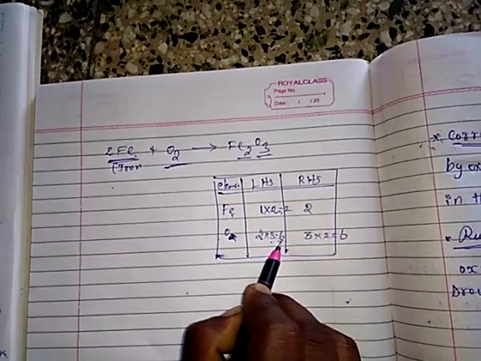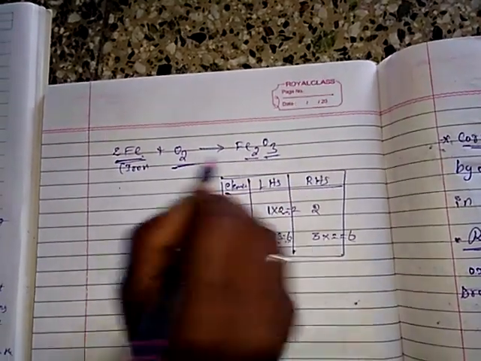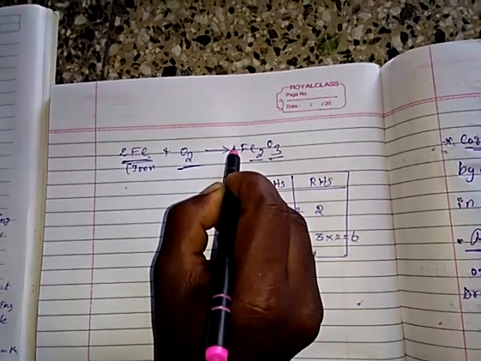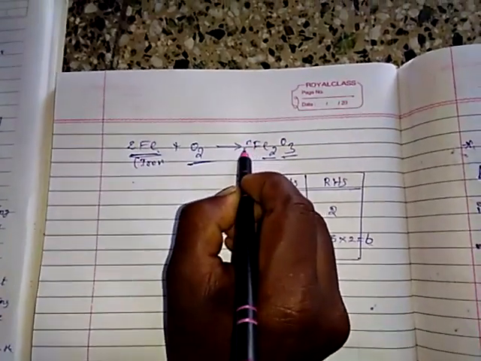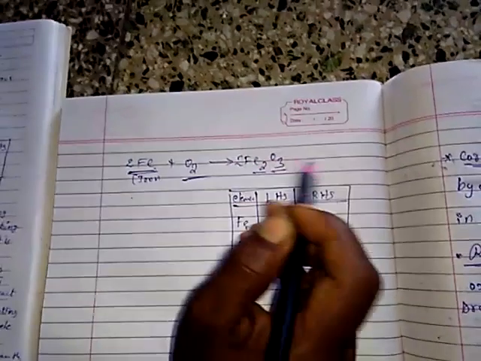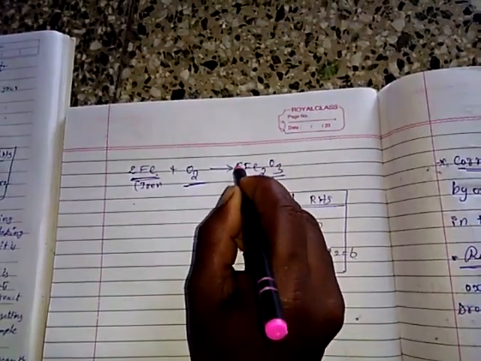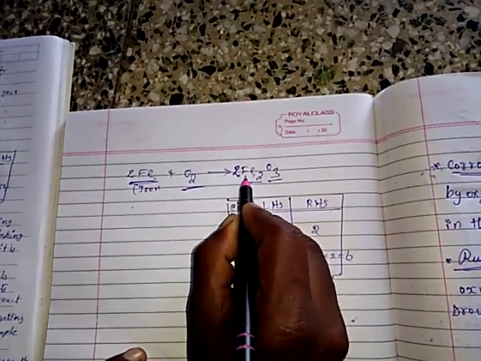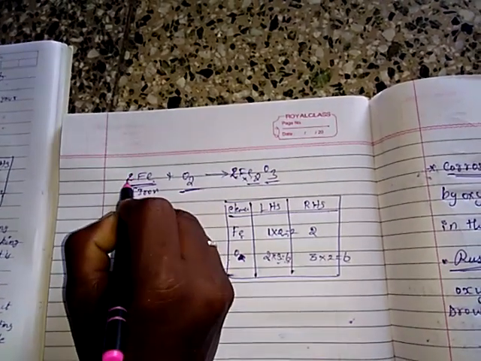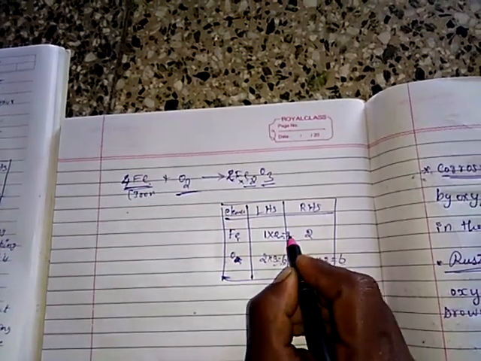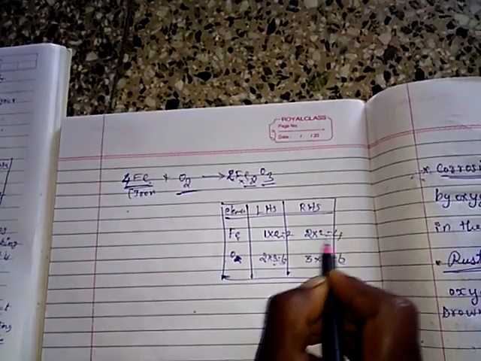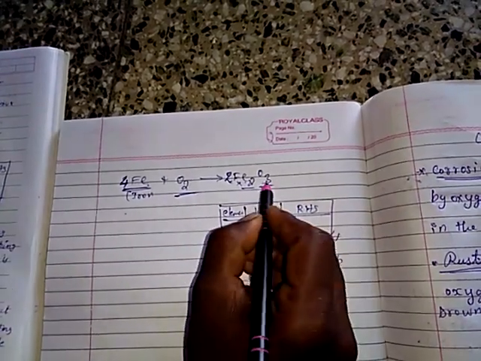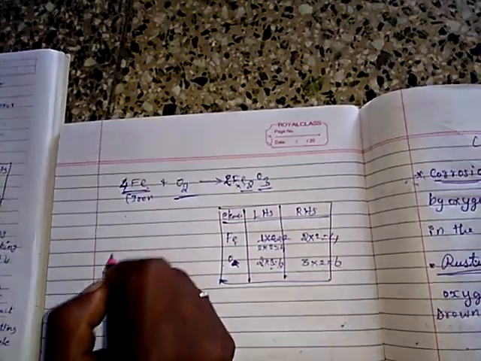Then 2 into 2 is 4, so 4 iron atoms are there, so we write 4. 3 twos are 6.